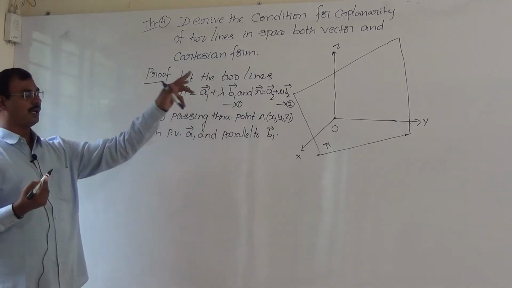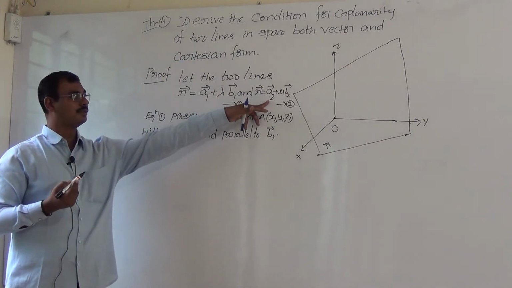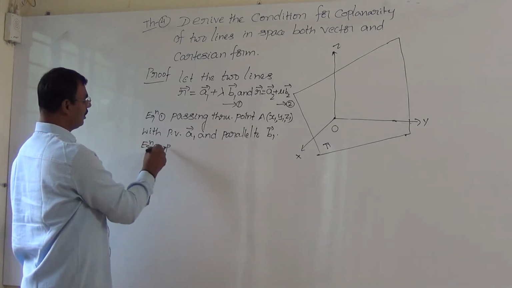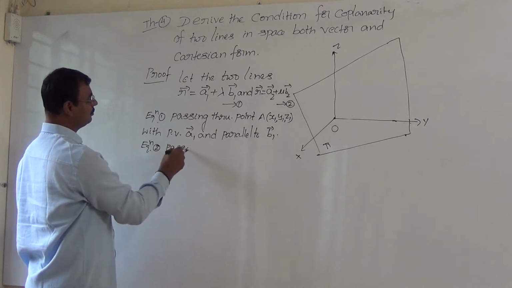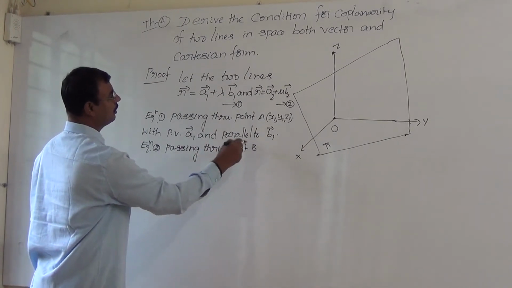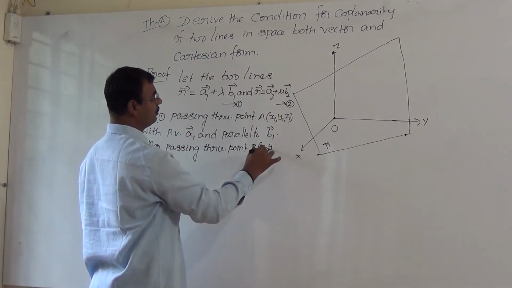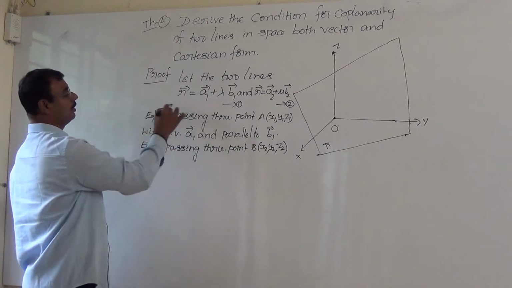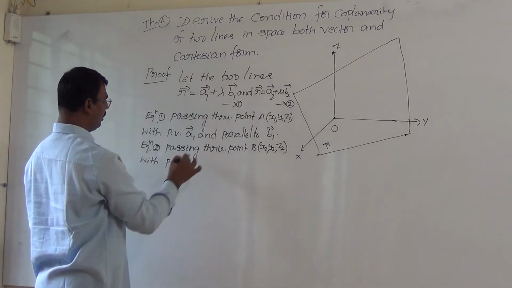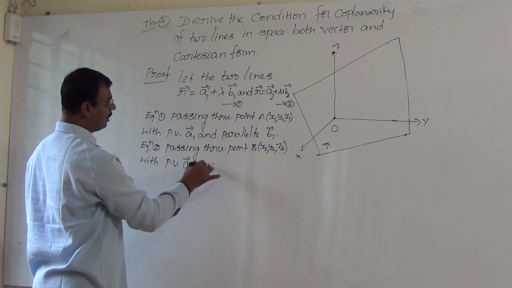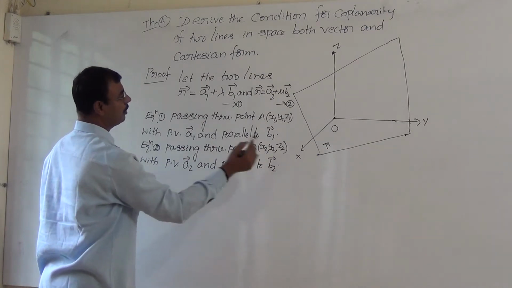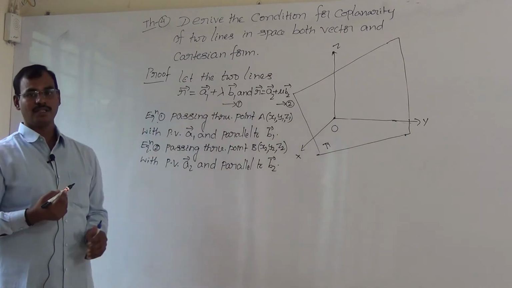Similarly, equation 2 is passing through the point B, which we take as x2, y2, z2, with position vector A2 bar, and is parallel to the vector B2 bar. Okay, this is about equation 1 and equation 2.